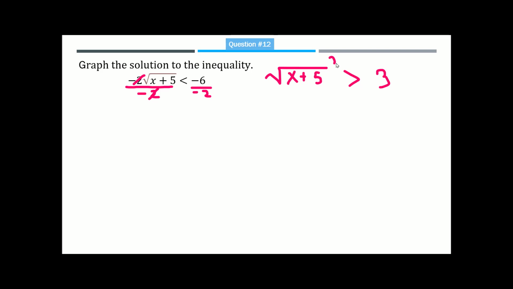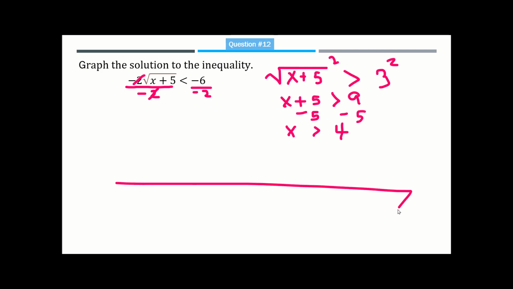Then I'm going to square both sides, and I get x plus 5 is greater than 9. Subtract 5 from both sides, and we get x is greater than 4. And we simply draw our number line, and it's not going to include 4, but it's going to go to the right. It's going to be greater than 4.